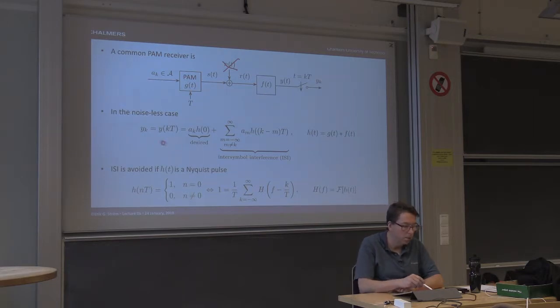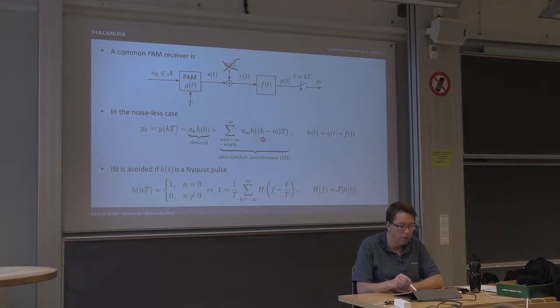And we see that y_k consists of many terms. One term, which is the desired term, is a_k multiplied with some constant. The value of the constant is not so crucial. We can always compensate for that later on by dividing with it. But anyway, we would like to have a_k here. Of course, the constant cannot be 0, but let's assume that is not the case.